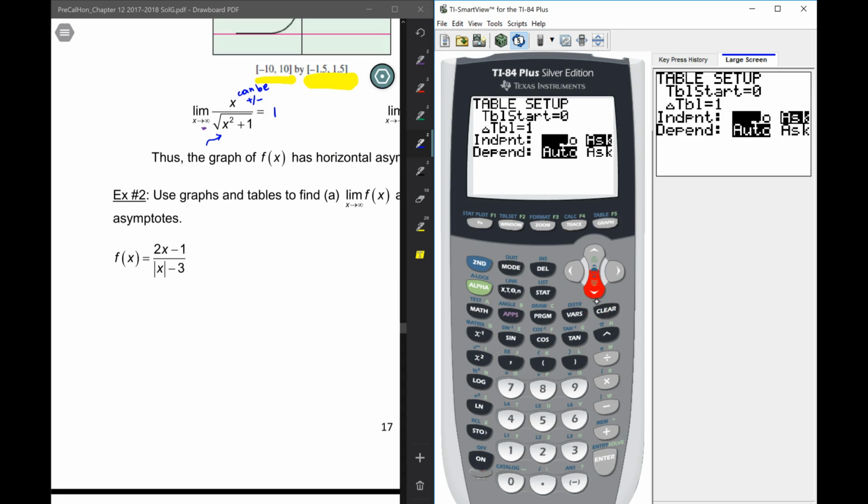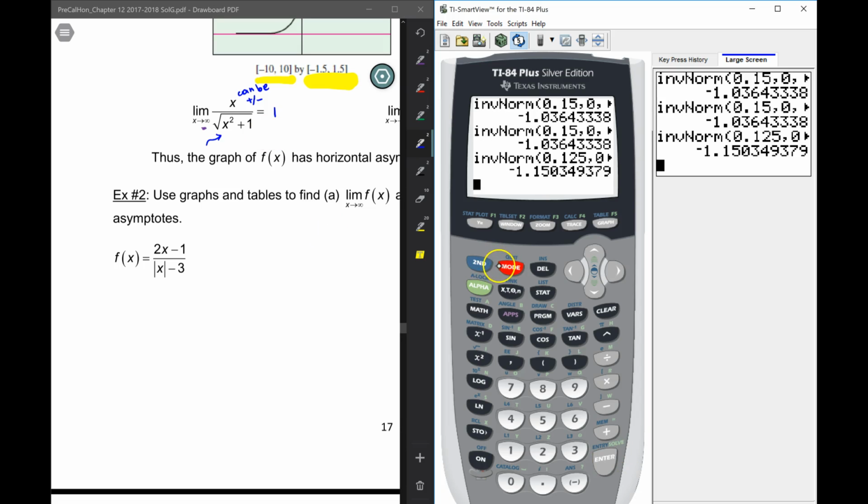You can either set these to auto, which means if you go to your table, it automatically has the values in there. Or you can set it to ask, which is what I want you guys to do now. Set it to ask. And that's the independent variable, the horizontal axis, right? So set it to ask.